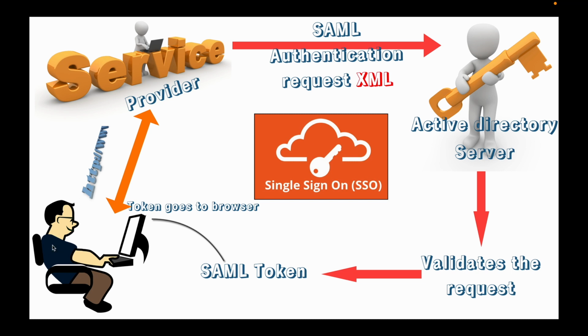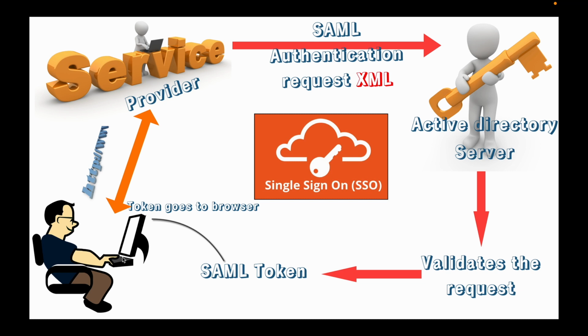So guys, this single sign-on concept is valid for a particular duration of time, so you need not log in again and again. The only thing is that with one particular username and password you can log into multiple applications. But while logging into different applications, you will have to enter your username and password each time you enter a different application.